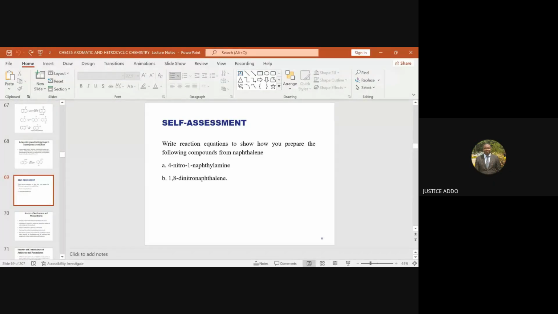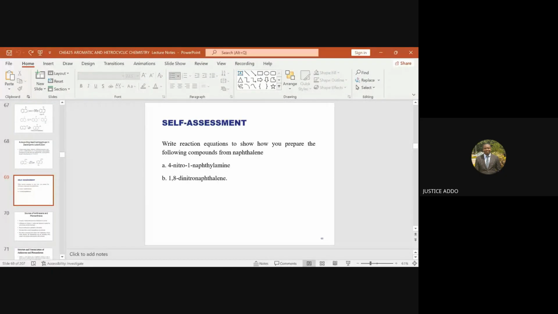Okay. So now, to move from naphthalene to that final product, that is the 4-nitro-1-naphthalamine, there are reactions that you need to perform. So when naphthalene is there, we can introduce a nitro group. So we perform nitration. Now in nitration, you need what? Nitric acid in sulfuric acid.